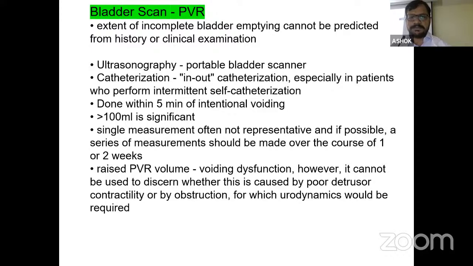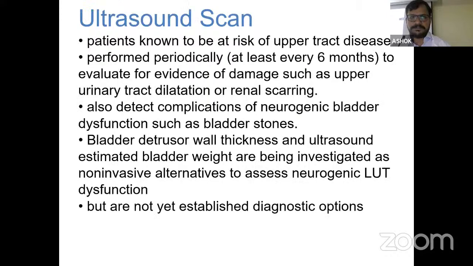A single measurement is not representative and if possible, a series of measurements should be taken over the course of 1 to 2 weeks. Raised PVR volume is suggestive of voiding dysfunction. However, it cannot be used to discern whether this is caused by poor detrusor contractility or by obstruction, for which urodynamics would be required.